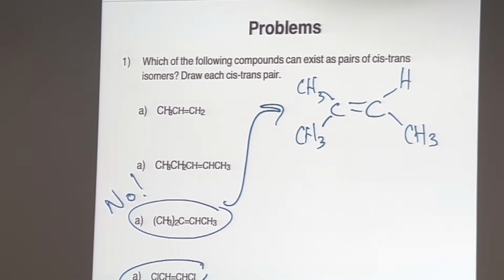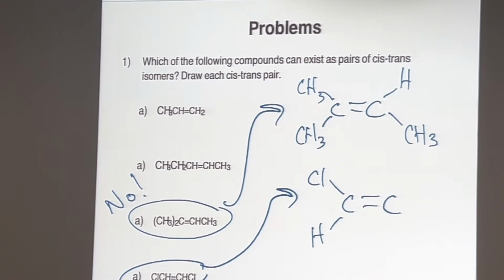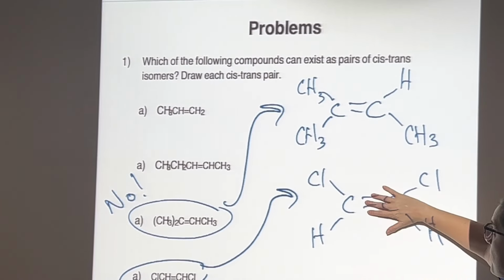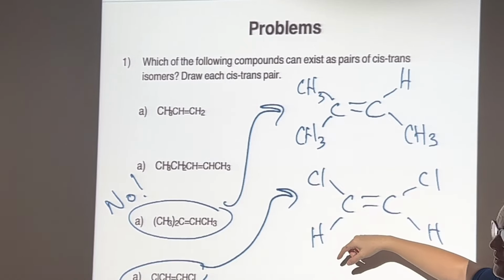Yes. Okay, so let me draw this out. So again, go ahead and put the 2 carbons of the double bond, and then on one side, fill in, and we've got a chlorine, and we've got a hydrogen, and on the other side, we've got a chlorine and a hydrogen. The way that I drew it, we can see that this carbon is bonded to 2 different things, so there's a yes there.